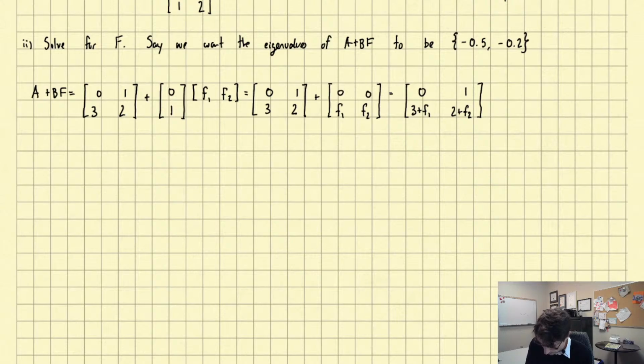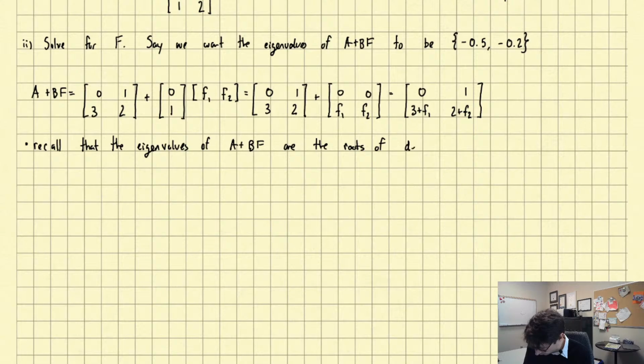So recall that the eigenvalues of A plus BF are the roots of that polynomial, right? We talked about this in chapter 6 when we were looking at asymptotic stability, so this is something that should be familiar to us. Okay, so I'm going to compute that determinant.